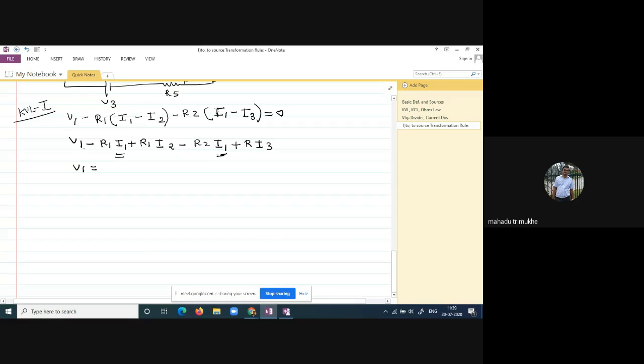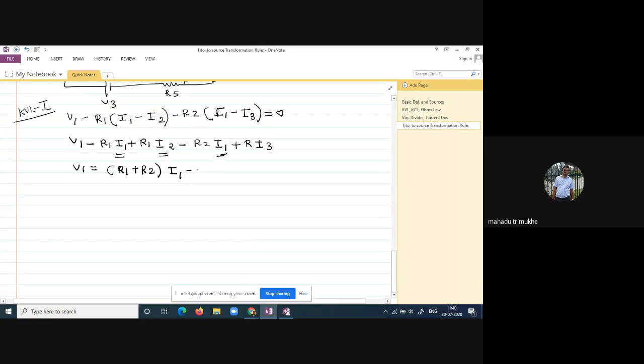We have already taken V1 outside, so it should be positive: R1 plus R2 times I1. Again you see which is your I2. I1 is over, then I2 is this, means here R1 I2 with positive sign, because V1 we have kept outside.